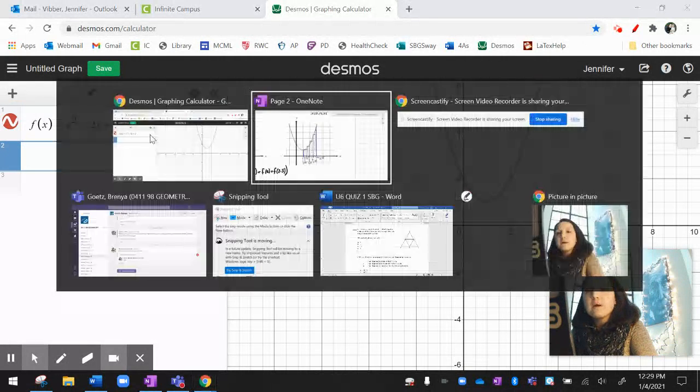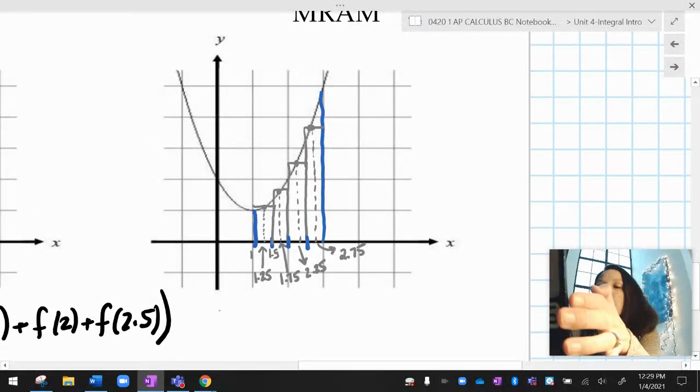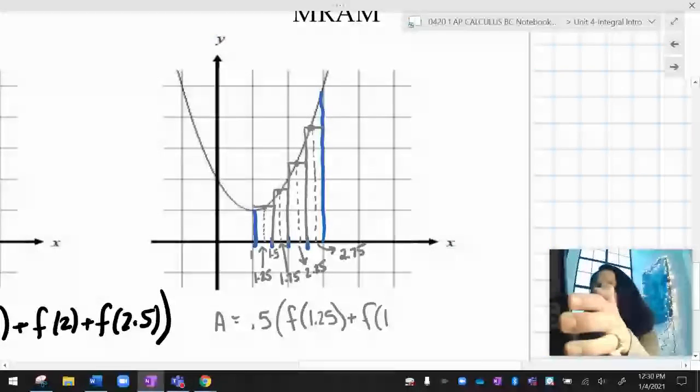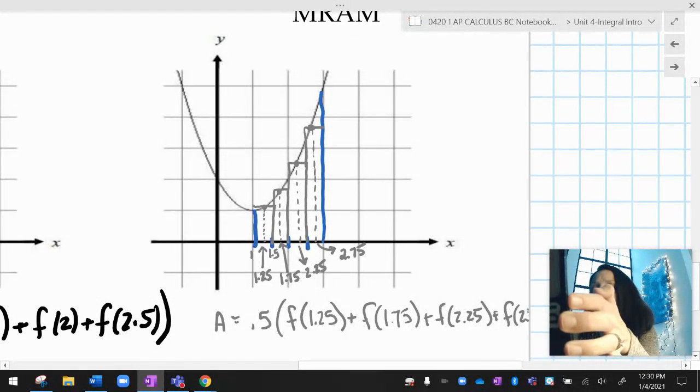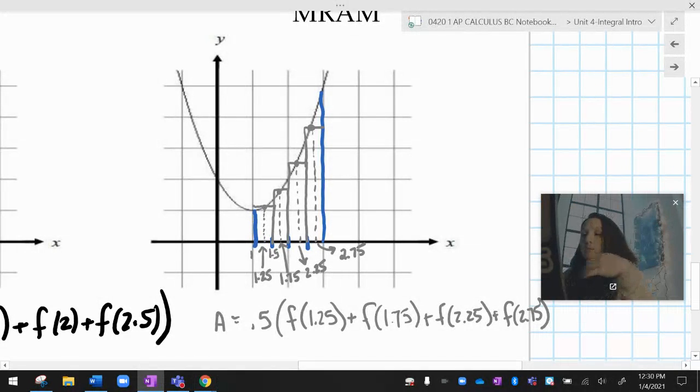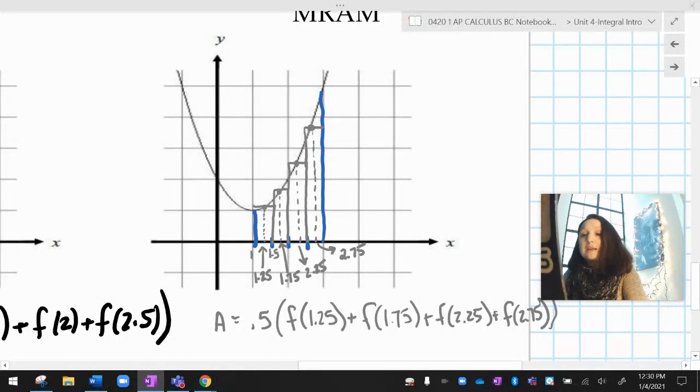And if I want to find the area for MRAM, I know my area, all my widths are still 0.5, and now I'm multiplying by f of 1.25, and f of 1.75, and f of 2.25, and f of 2.75. All right, so I am going to put that literally just like that into Desmos.